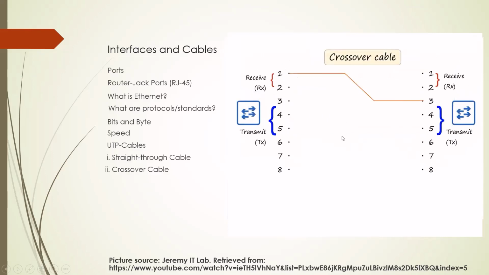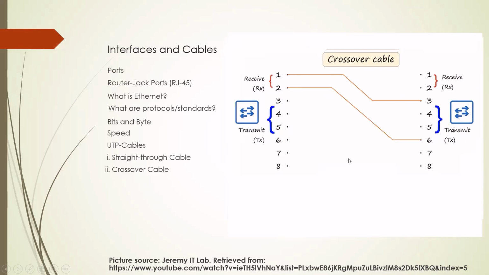So what we need now is a crossover cable. And this is what happens in the crossover cable. Remember that for the switch, receive is 1 and 2, and transmit is 3 and 6. So in order to ensure that while this end is receiving, this other end is transmitting, and while this end is transmitting, this other end is receiving, we connect pin 1 to pin 3 and pin 2 to pin 6.